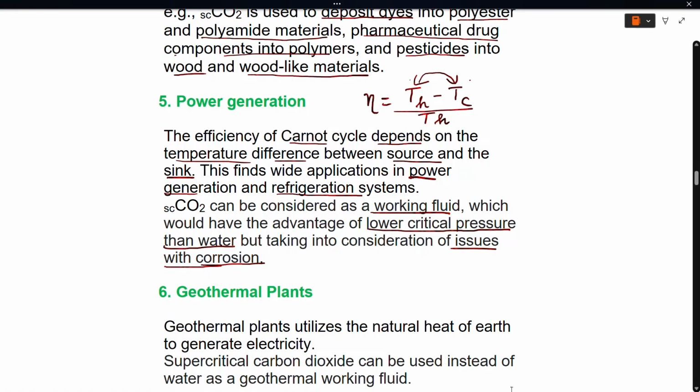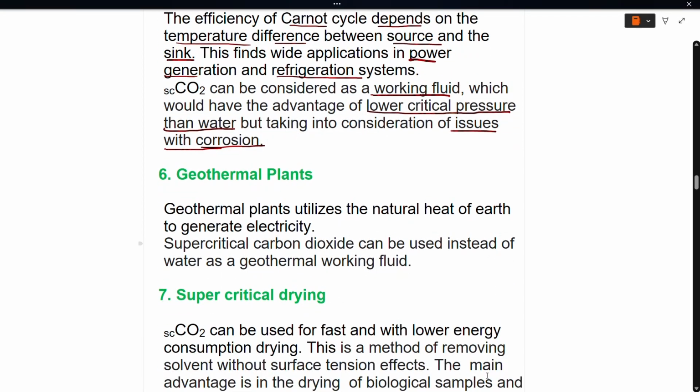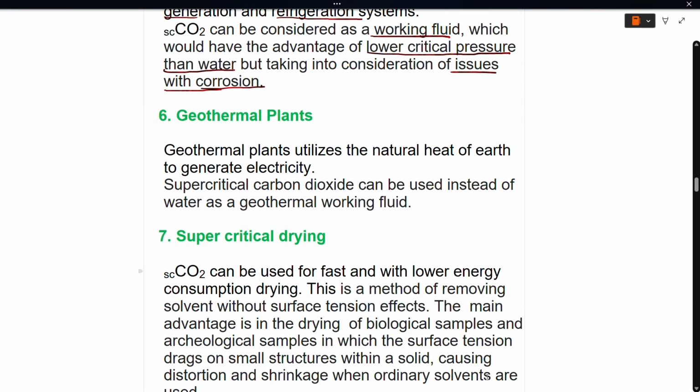Okay. Next is geothermal plants. Geothermal plants use the natural heat of the earth to generate electricity. That is, usually water is pumped inside and at high temperature beneath the earth, where we have the very high temperature of the magma, it gets converted into steam and comes out, and the steam turbines are turned to generate electricity.